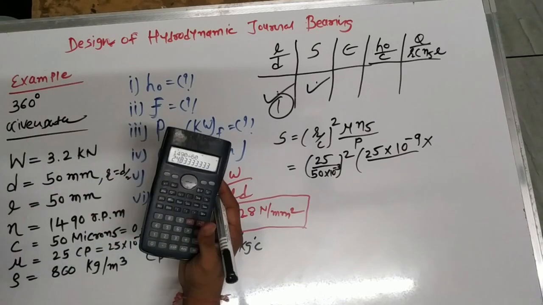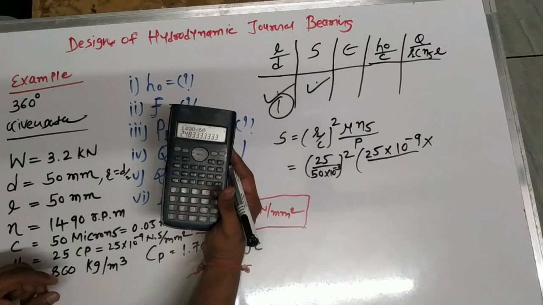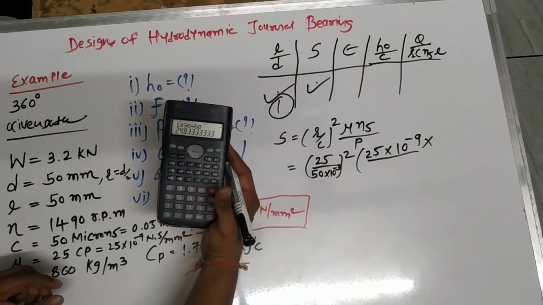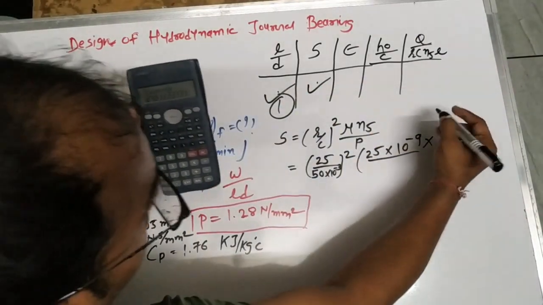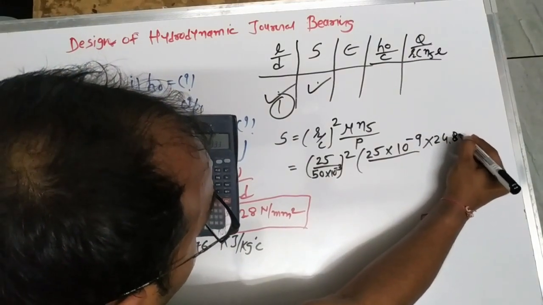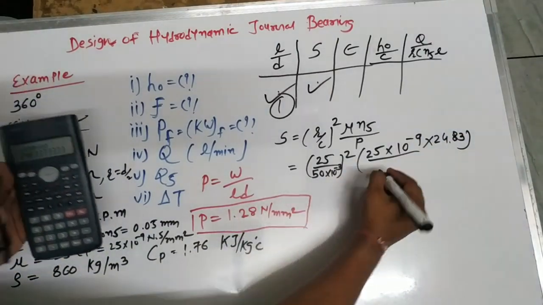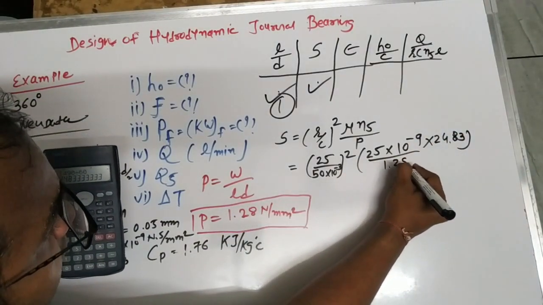In RPS it will become 24.83, as you can see in the example. So it is 24.83 in RPS, and P we have already found, that is 1.28.